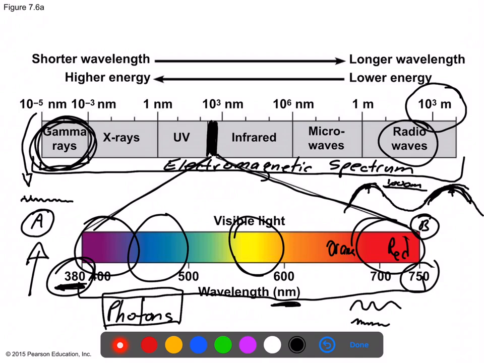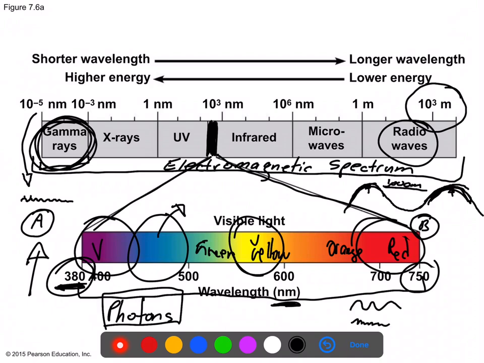It's absorbing the red, the orange, the yellow, the green, right? The violet. What is it not absorbing? It's not absorbing blue, it's giving that blue away. It's reflecting it. And for that reason, we get to see it.